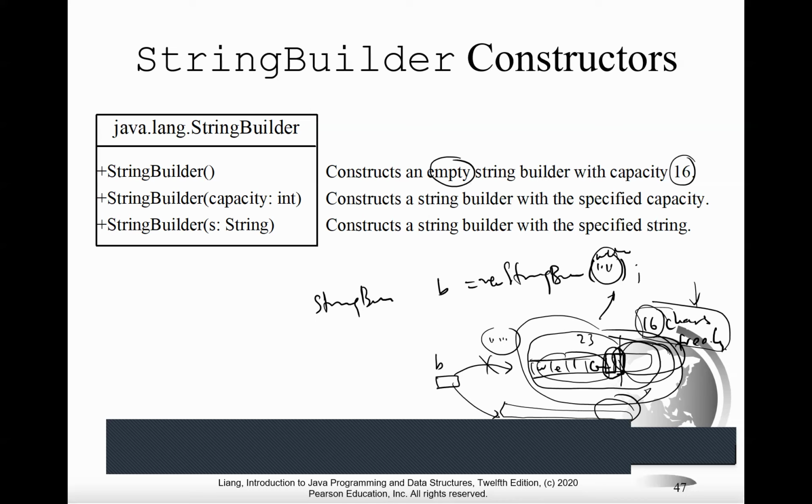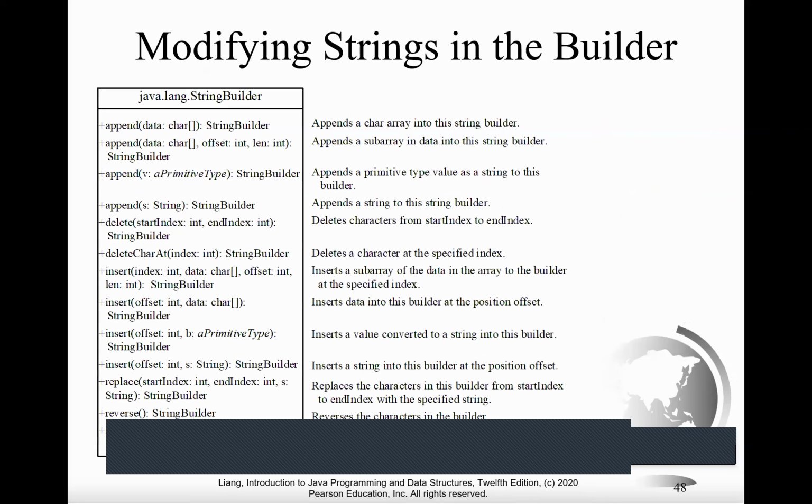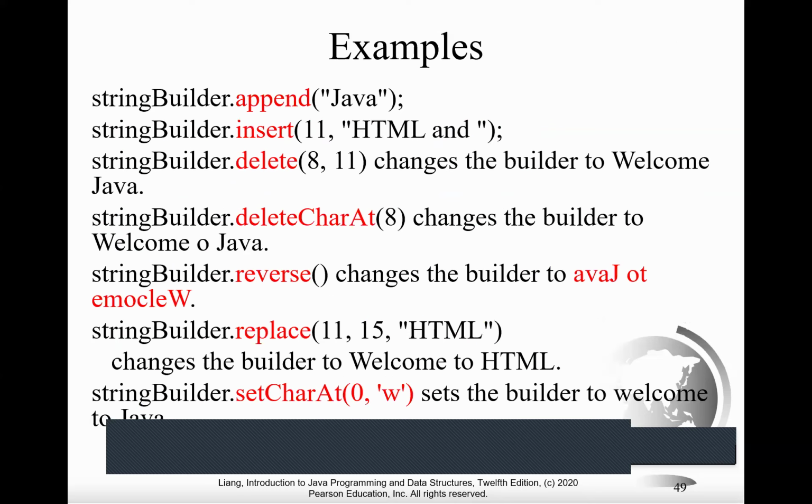You keep on doing that, so always keep 16 whenever you are allocating. That way insertions, appending and all kinds of things are possible without allocating extra. It's making you mutable. All right, so StringBuilder.